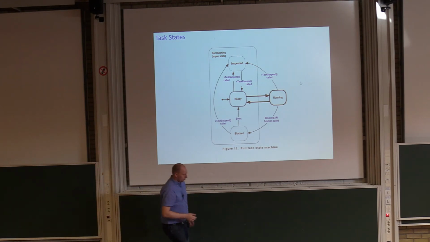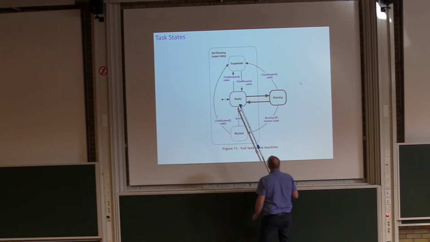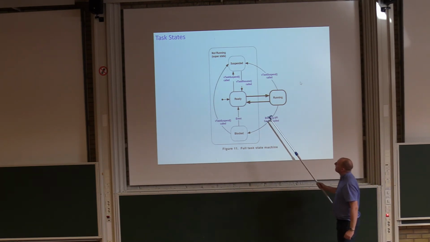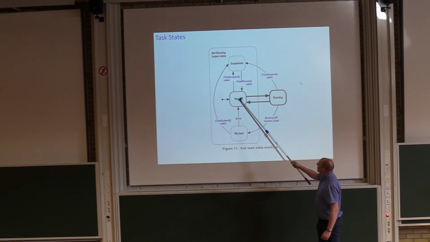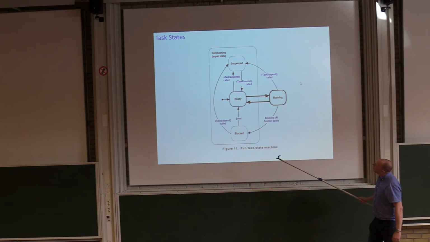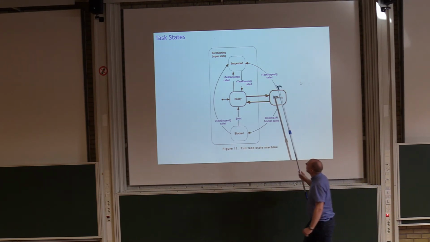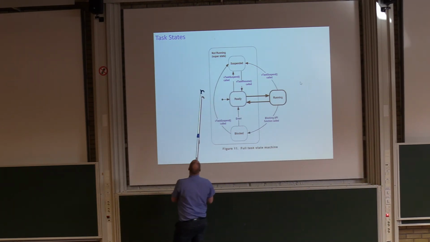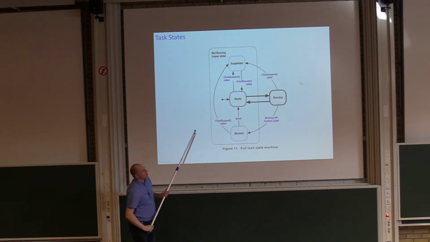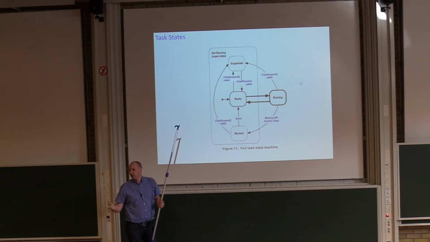Okay, so this is the state machine again. Remember, these were the 3 states that we saw before. But in FreeRTOS, you also have a 4th state here. So for example, a task can suspend itself for some time.